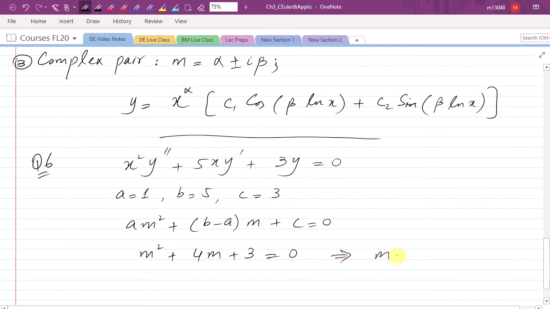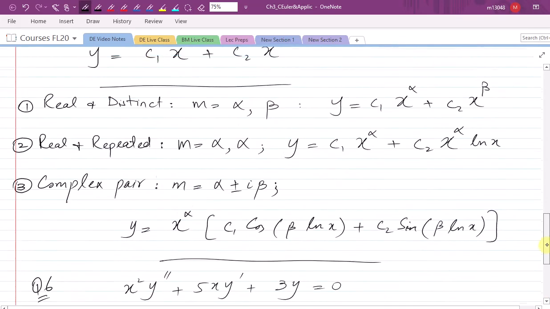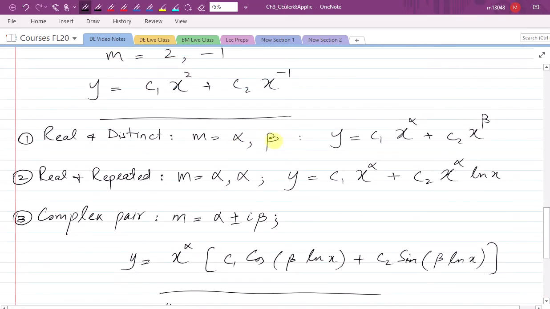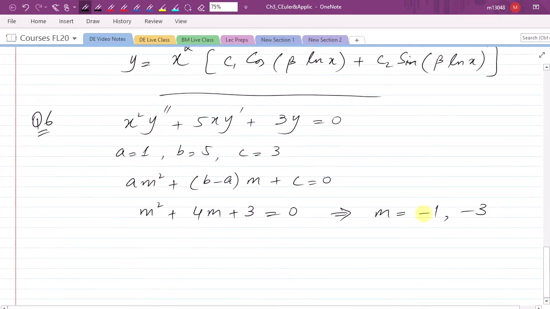Our roots are m equals minus 1 and minus 3, which is real and distinct like alpha and beta. So y equals c1 x power minus 1 plus c2 x power minus 3.